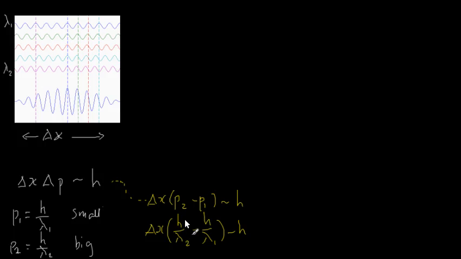Now if I divide both sides by h, this is what I'll get: delta x times 1 over lambda 2 minus 1 over lambda 1, equals 1. So you see that Planck's constant is gone.